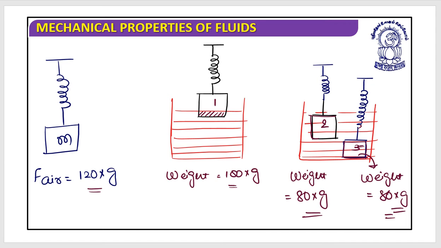Now, first thing, let's clear all this one by one. When I weighed it in air, it was 120 into g, and when I weighed it in this situation, it is 100 into g. Why has this happened? Because Archimedes has this answer: as this much amount is dipped within a liquid, the total force mg acts in the downward direction.